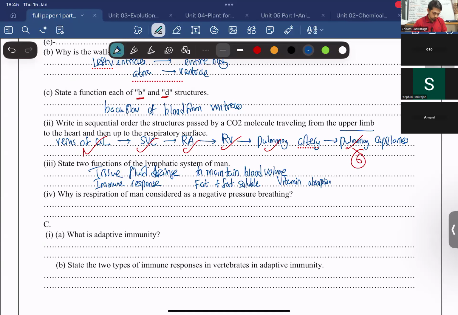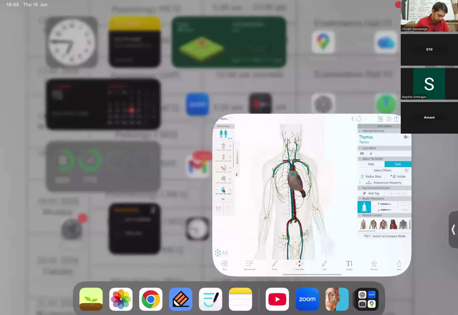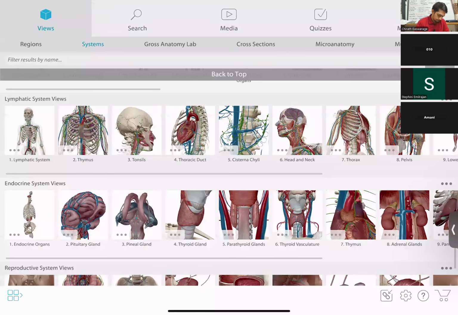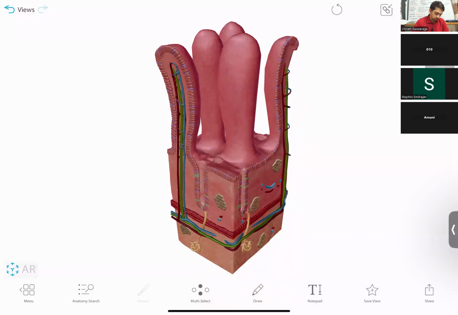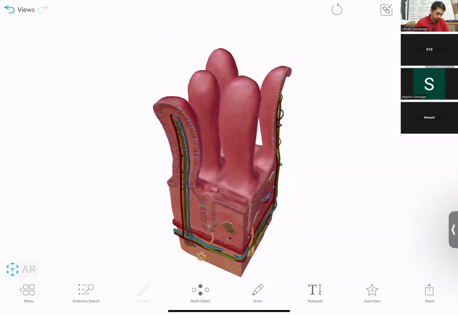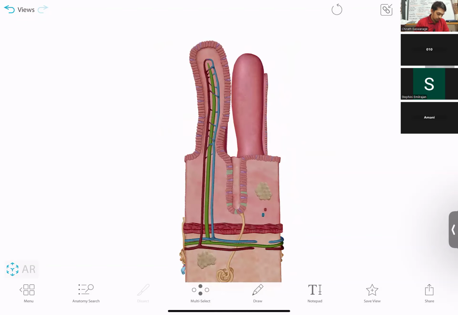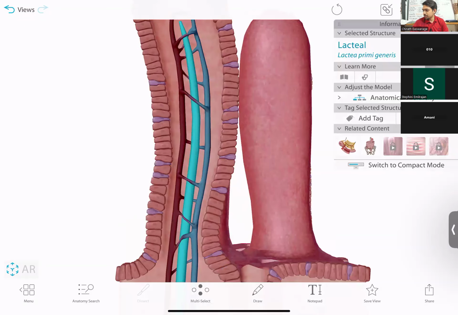Who is absorbing the chylomicrons? If you take a small intestinal villi, these finger-like projections, and take a cross section of them, you can see the blood vessels, and also in the middle, who can you see? Now tell me, look at the screen.